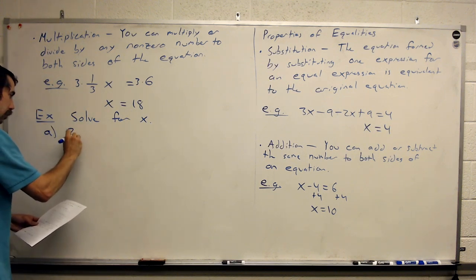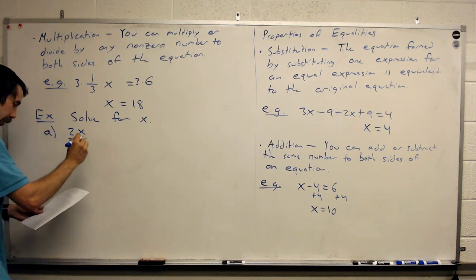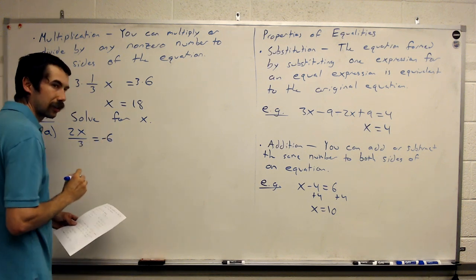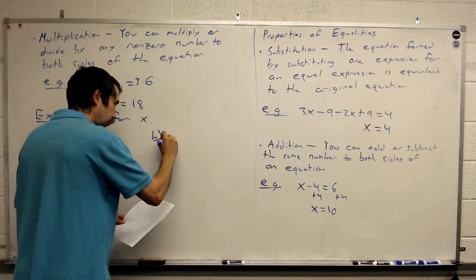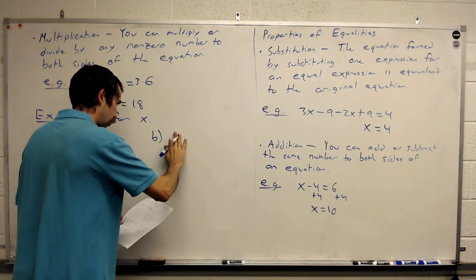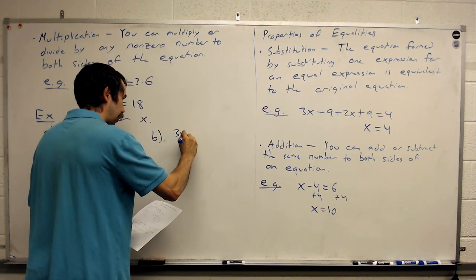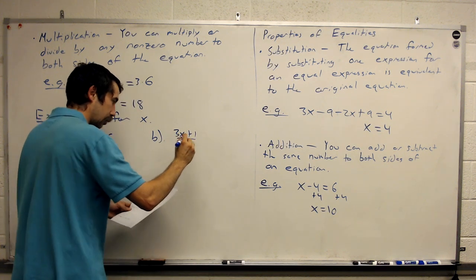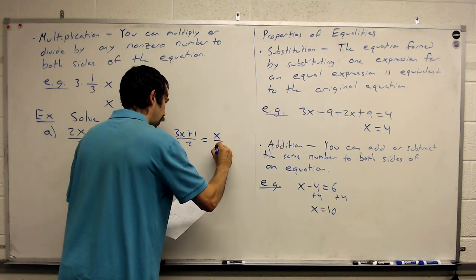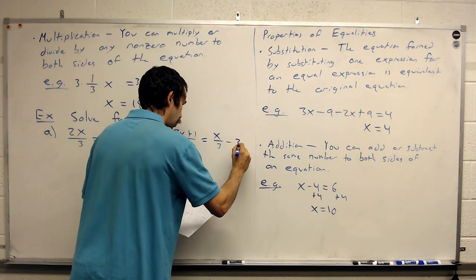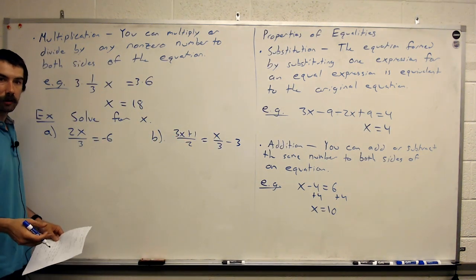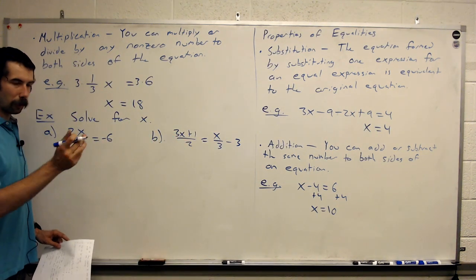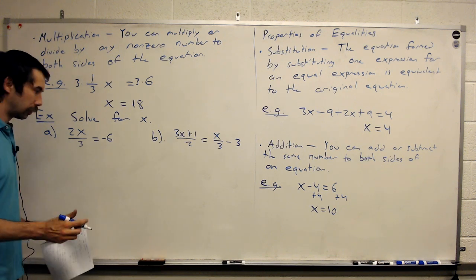So the first one is 2x over 3 equals minus 6. And then the second is 3x plus 1 over 2 equals x over 3 minus 3. All right, so pause the video, try these on your own, but I'm going to work through them now.